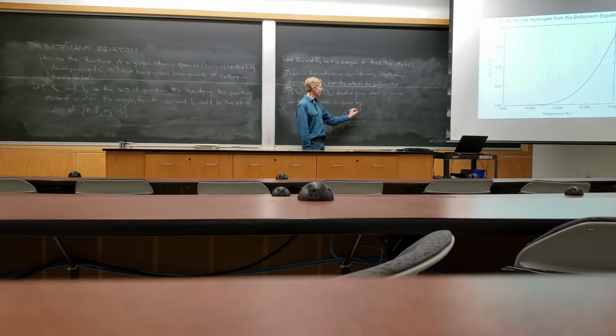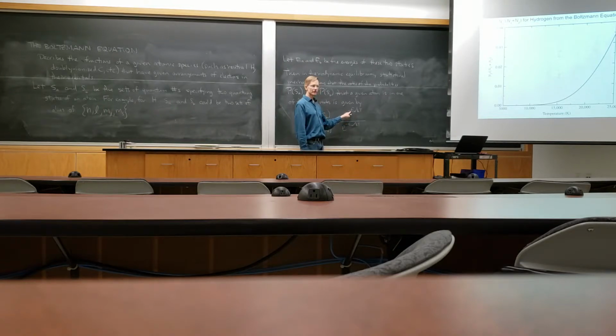So remember that kT has units of energy. It's a characteristic thermal energy. So this is e to the minus energy of the state over the characteristic thermal energy. And what we're learning is that, in fact, the probability of finding the atom in a given state is proportional to e to the minus energy of the state over the thermal energy.